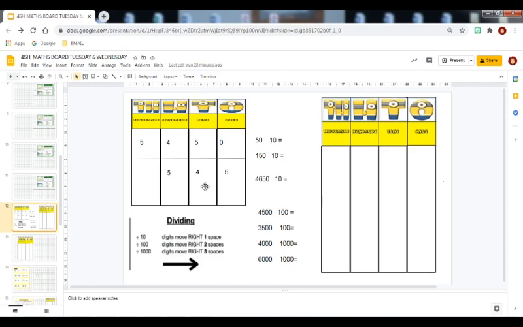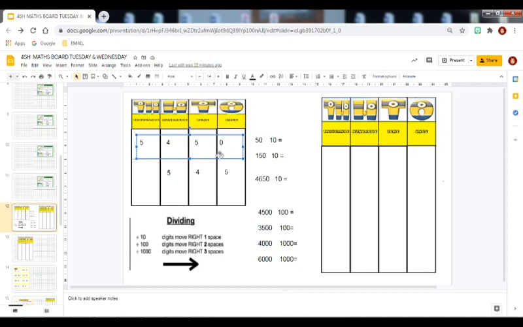That may help for the rest of this lesson. So I've chosen to give you an example of a 4-digit number, and the number is 5,450, and you will see that I've put that in on the place value grid, so I know I've got 5,000, I have 400, I have 5 tens and 0 ones.